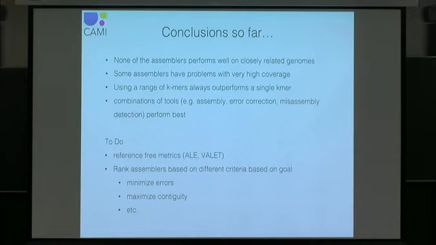Yeah, maybe a comment to that. We did some experiments with error-free reads for some assemblers which had problems for large k-mer sizes, and the effect disappeared. So for perfect reads, the higher coverage wasn't a problem anymore. It's kind of surprising because you would expect more data to do better. Exactly.